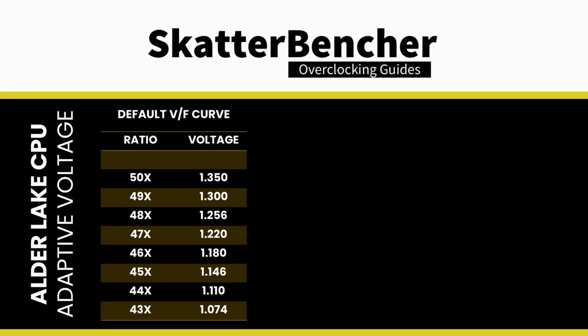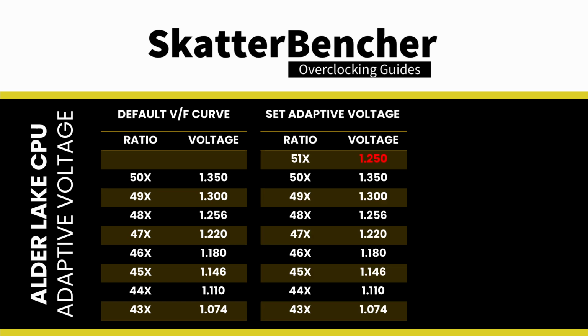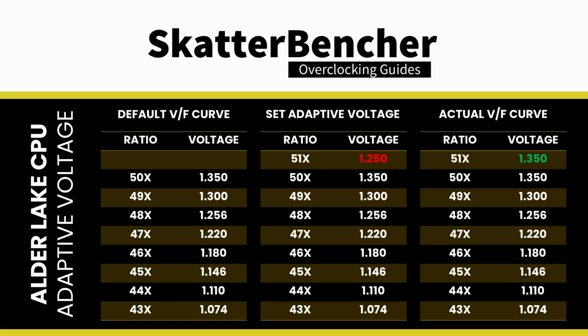If the voltage for 50x is 1.35 volt, then setting the adaptive voltage, which is mapped against the 51x ratio, to anything below 1.35 volt is pointless. Since 50x is specified to run at 1.35 volt, 51x will always run at 1.35 volt or higher. Usually, BIOSes will allow you to configure lower values. However, the CPU internal mechanisms will override your configuration if it doesn't follow the rules.